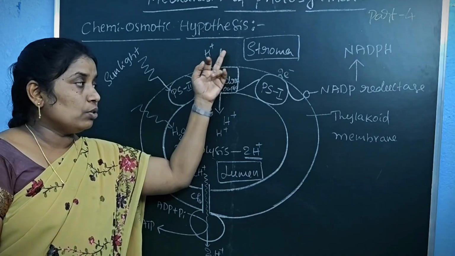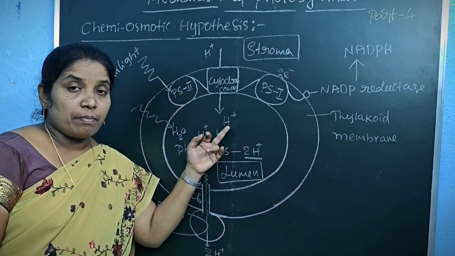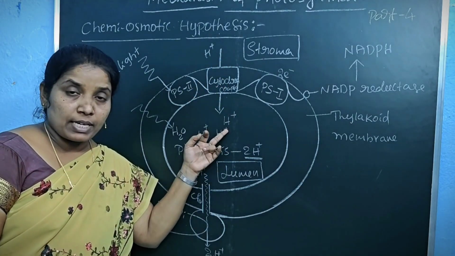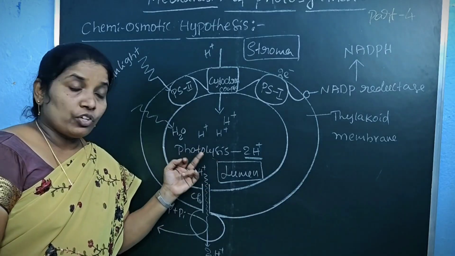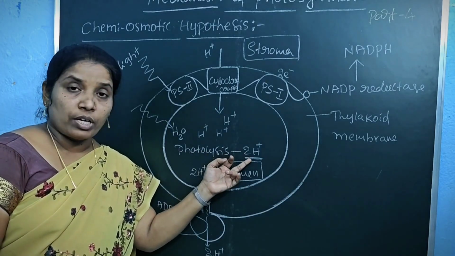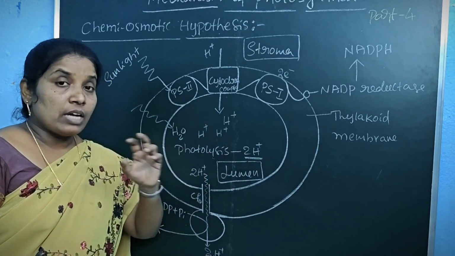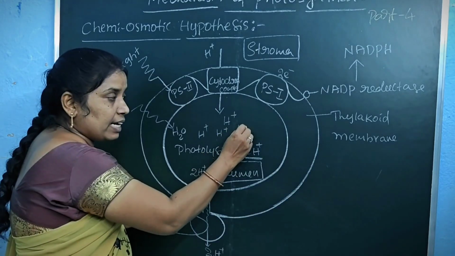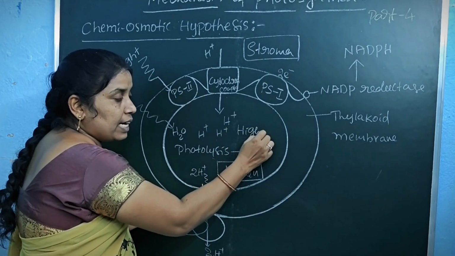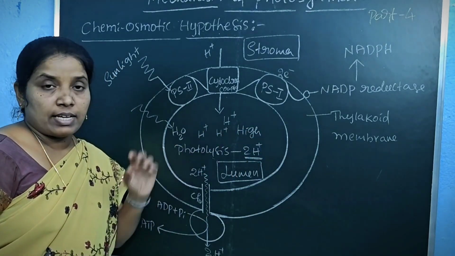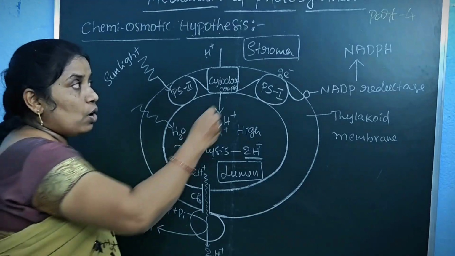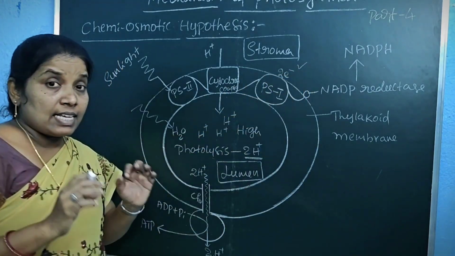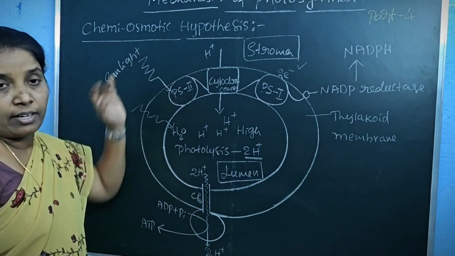So from the stroma to the lumen, protons are pumped through the cytochrome complex, and photolysis also gives two protons into the lumen. Now a high proton concentration is accumulated on the lumen side, whereas a low proton concentration is established on the stroma side.